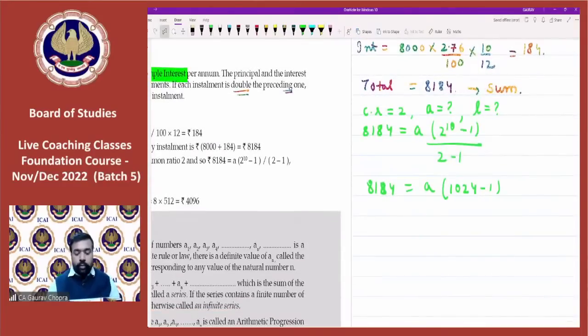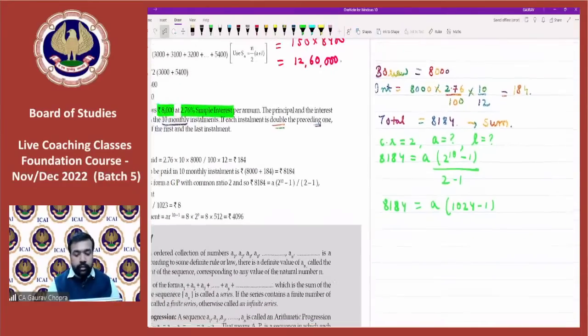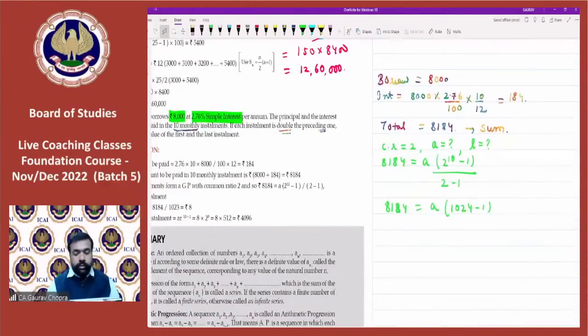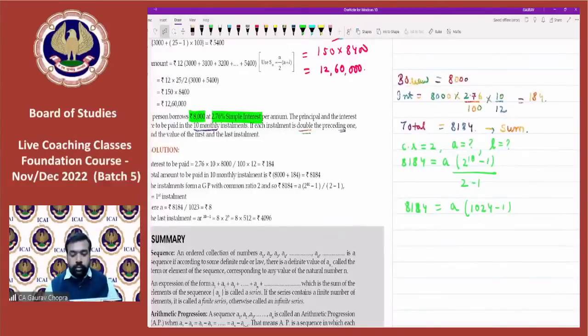So let's see how much we are getting. 8184 divided by 1023. So a is equal to 8. So 8 becomes the first installment. And what is the last installment?